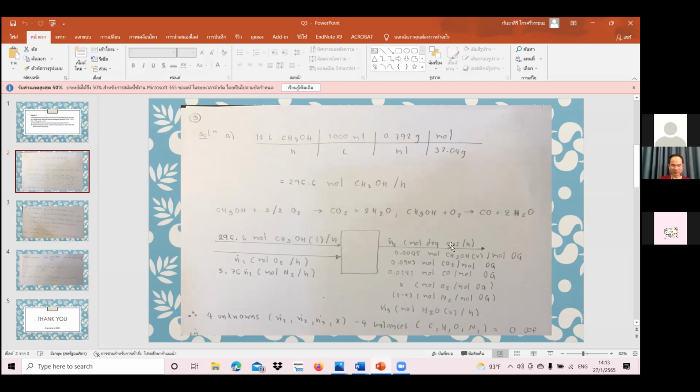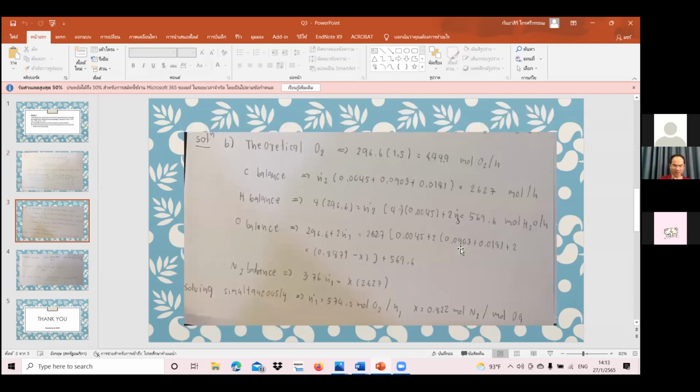At 96.6 mole methanol per hour, multiplied by 1.5, why do you get the unit mole oxygen per hour? This is mole methanol per hour, but this is mole oxygen per hour. Why do you get this?